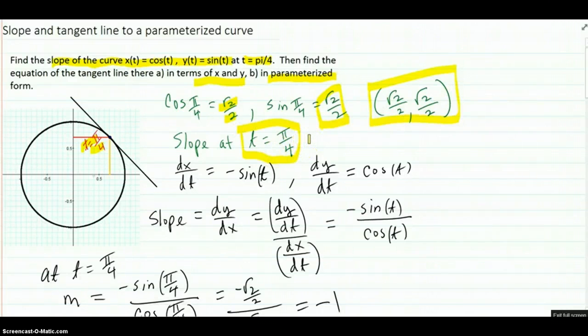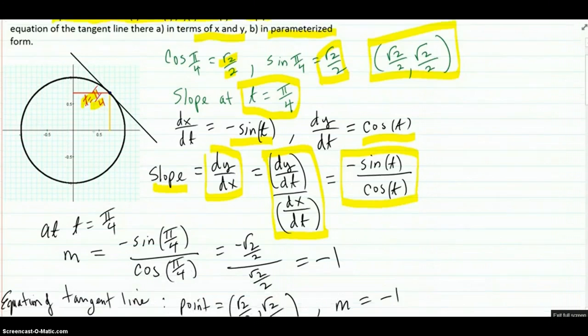So might as well take the derivative. dx/dt is negative sine t, and dy/dt is cosine t. So we realize that the slope is dy/dx. The slope on the xy graph is dy/dx, which happens to be equal to dy/dt divided by dx/dt, and so that's this.